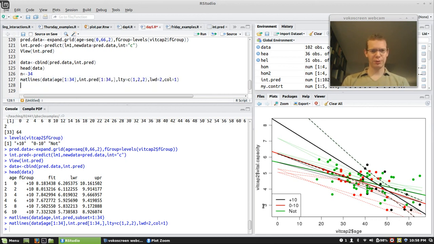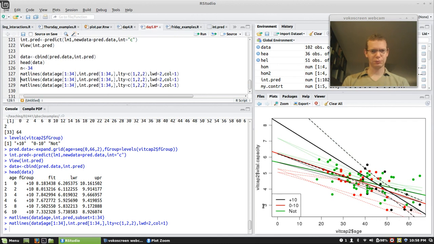Now let's repeat this. All we have to do is to say add 34, oops, and now we change the color to a 2.